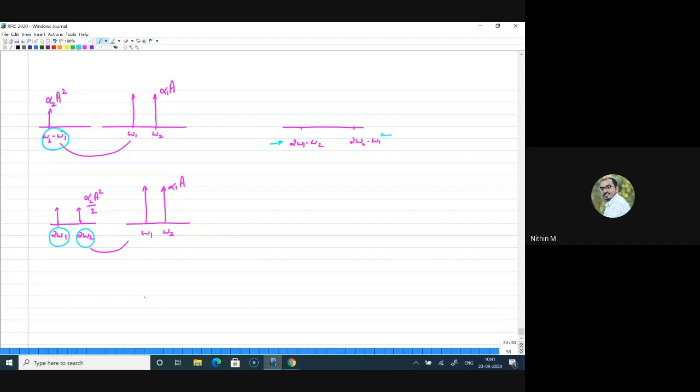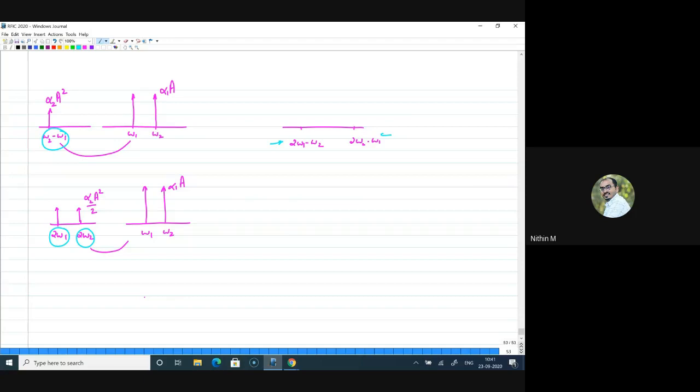Now, can you just tell me the amplitude of the components at 2 omega 1 minus omega 2 as a result of mixing of the fundamental and the omega 2 minus omega 1 term, and the fundamental and the second harmonic terms?